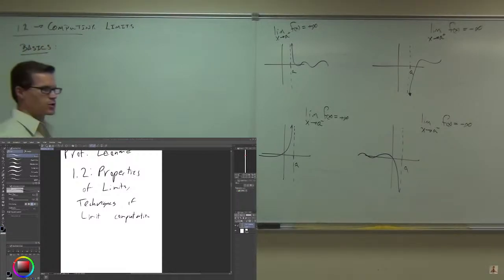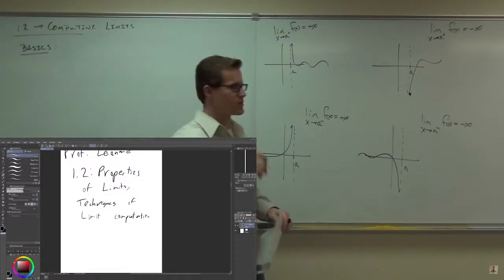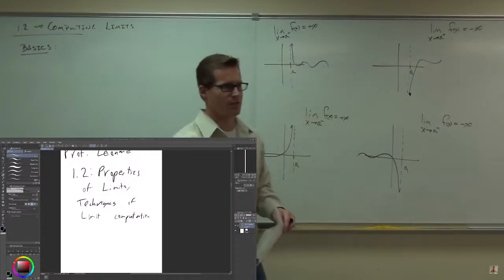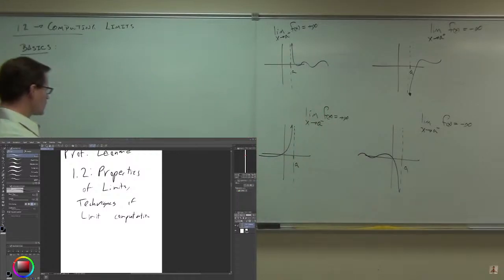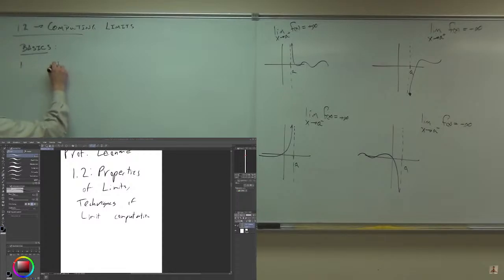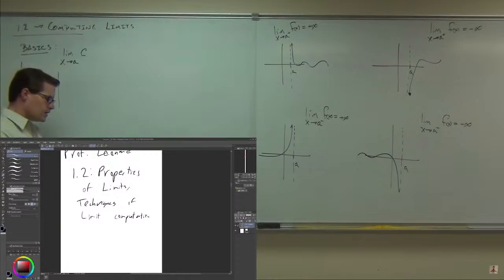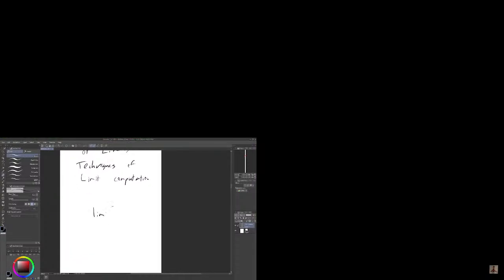Some basics that we know are truths, and then we'll be able to figure out some properties, and use those properties to discover how to compute some limits. So first, a little basic here. The limit as x approaches a of a constant c, where c is a constant.